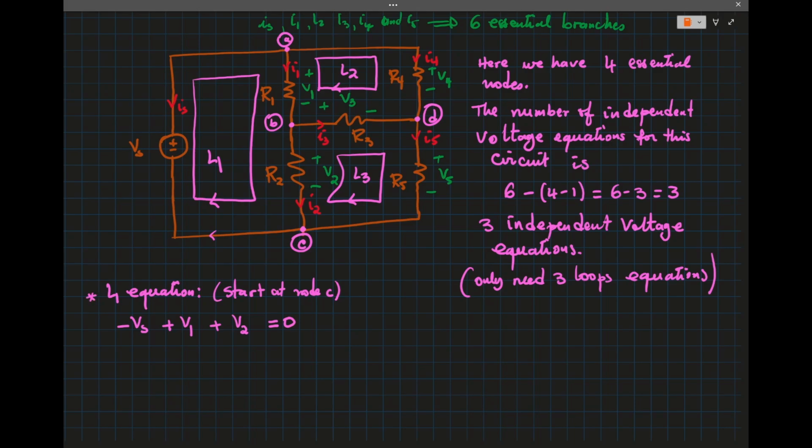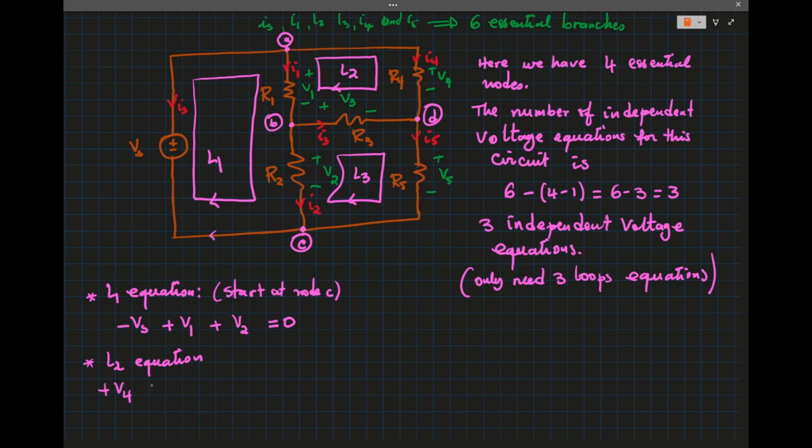Now the loop 2 equation. For loop 2, start from node A and move in the direction that I indicated there. We come across R4, and the polarity of the voltage there is V4.